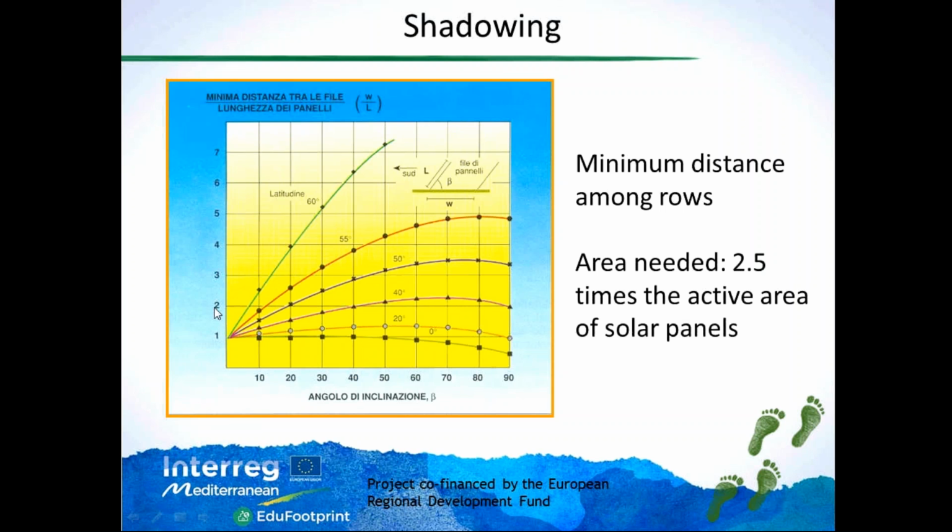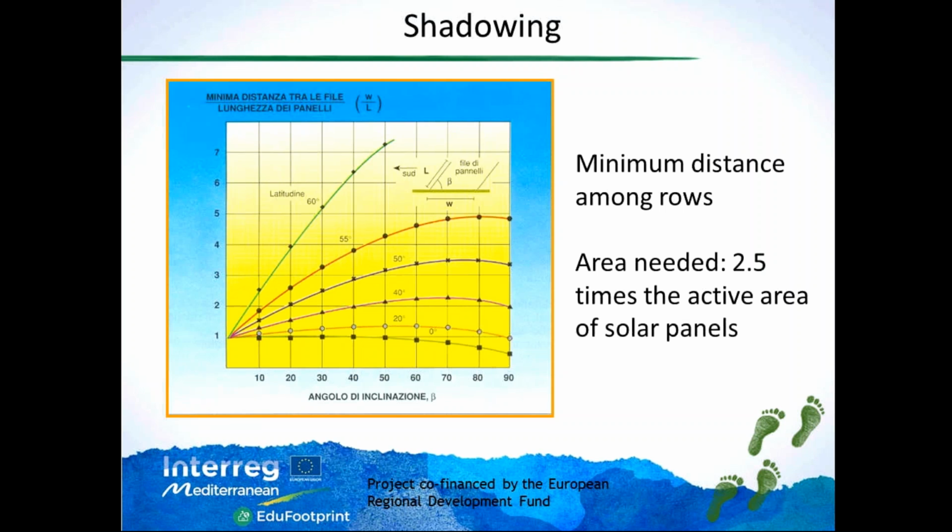2 is the ratio between the distance between the different parallel rows of solar panels and their length. So this means that the distance between the rows should be at least 2 times the length of the solar collectors. Of course, it's very important to respect this distance.